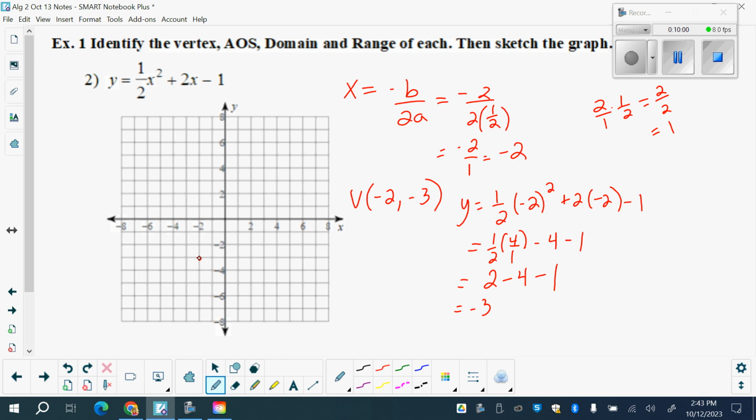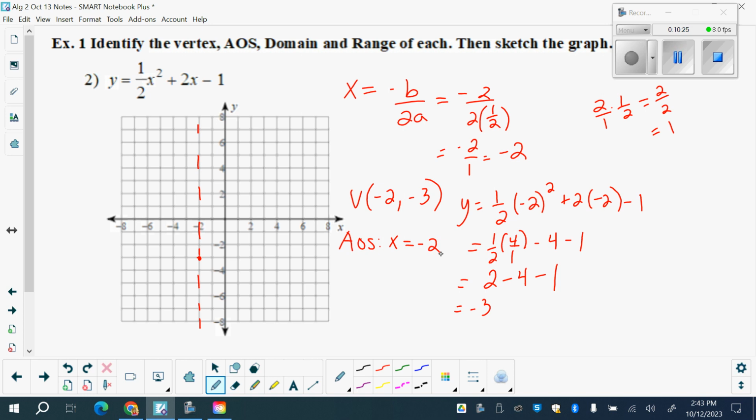Axis of symmetry is going to be a vertical line through that vertex. So what is the equation of the axis of symmetry, Omar? Good.